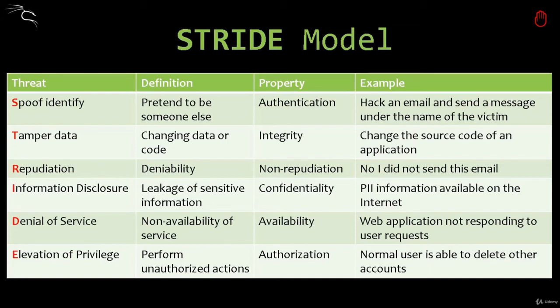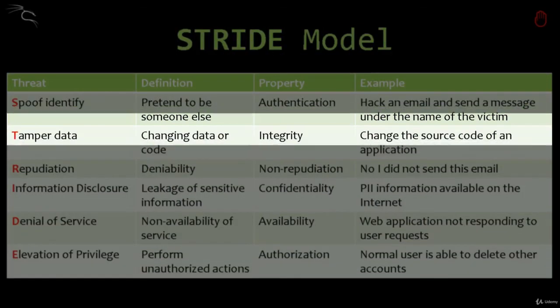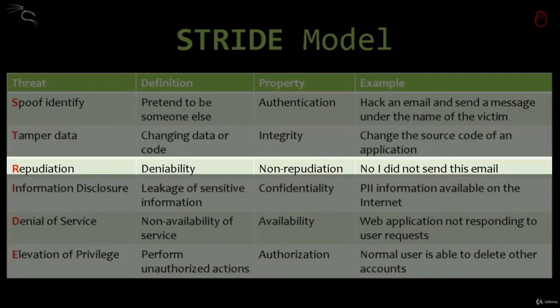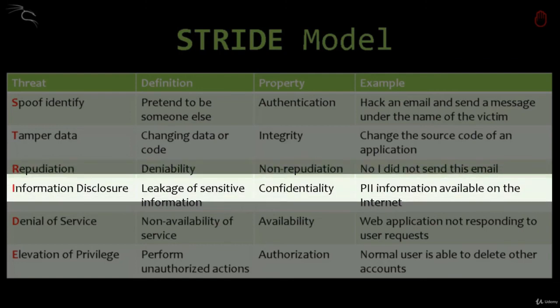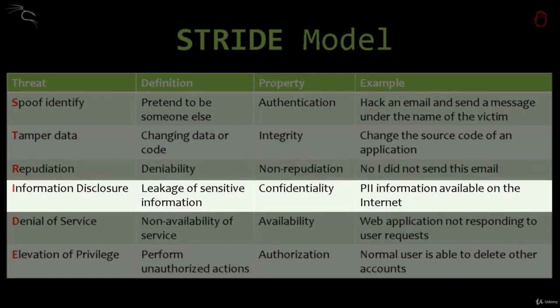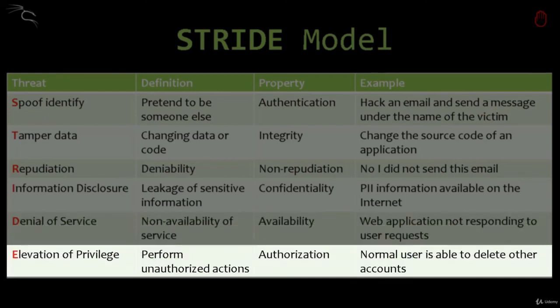The ultimate goal of STRIDE is to go through the process and start asking ourselves, how can someone spoof his identity? How can someone tamper with our data? And how can we make sure that there is no repudiation? How can information be disclosed, and how can someone take advantage of vulnerabilities to cause a denial of service? And how can someone access the system in an unauthorized way?